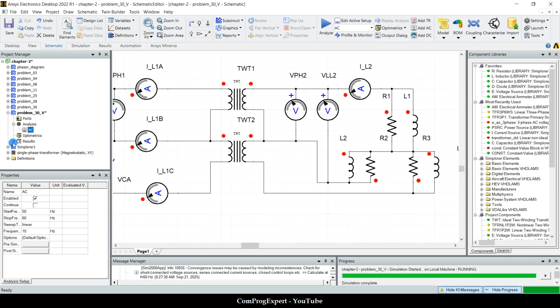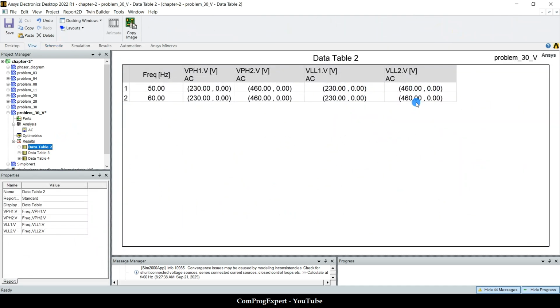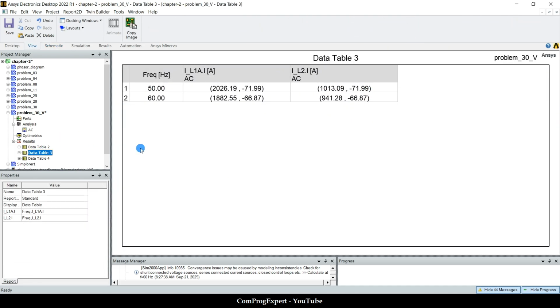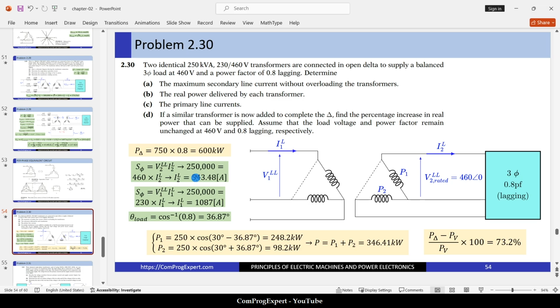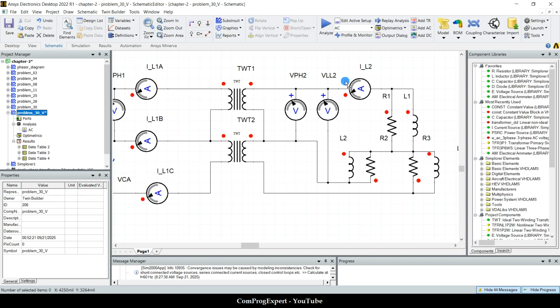In this case, we will have these voltages like before, and this current the same as before, but this current, 941, is higher than the rated current of the secondary coil of the single-phase transformer. Here, this current is the current of the transformer, right?